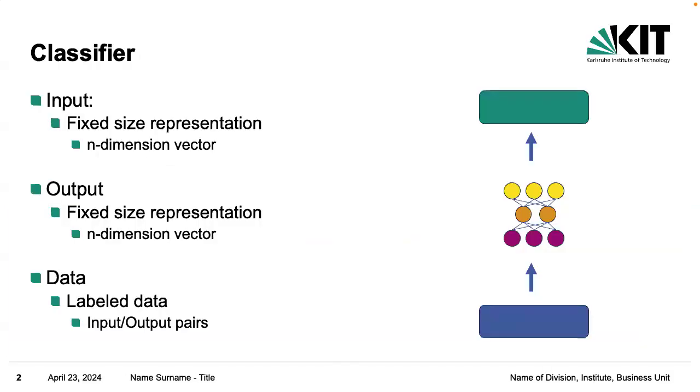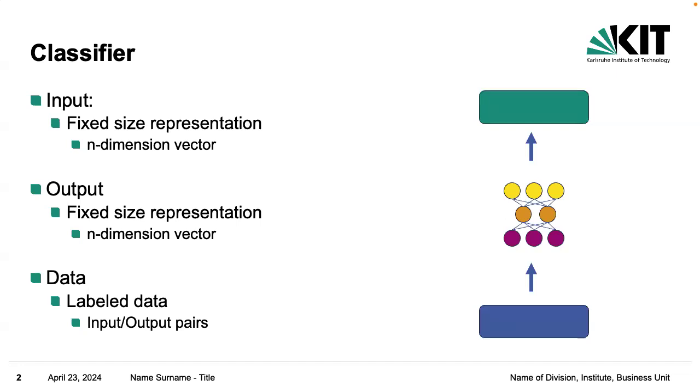So where are we currently? The example of the standard classifier we looked into in the introduction lecture was: we have an input, and typically the input is a fixed size vector, an n-dimensional vector here in blue. Then we have the neural network, and it generates again a fixed size vector, an n-dimensional vector, which we can use.